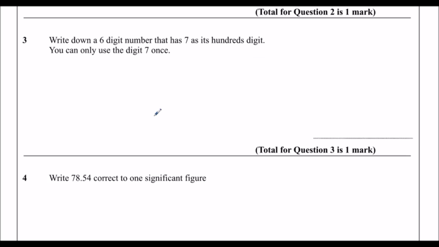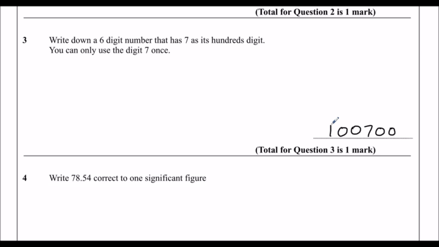Question 3. Write down a 6-digit number that has 7 for its hundreds digit. You can only use the digit 7 once. So it's a 6-digit number. So 1, 2, 3, then 7 in the hundreds, and then 0, 0.